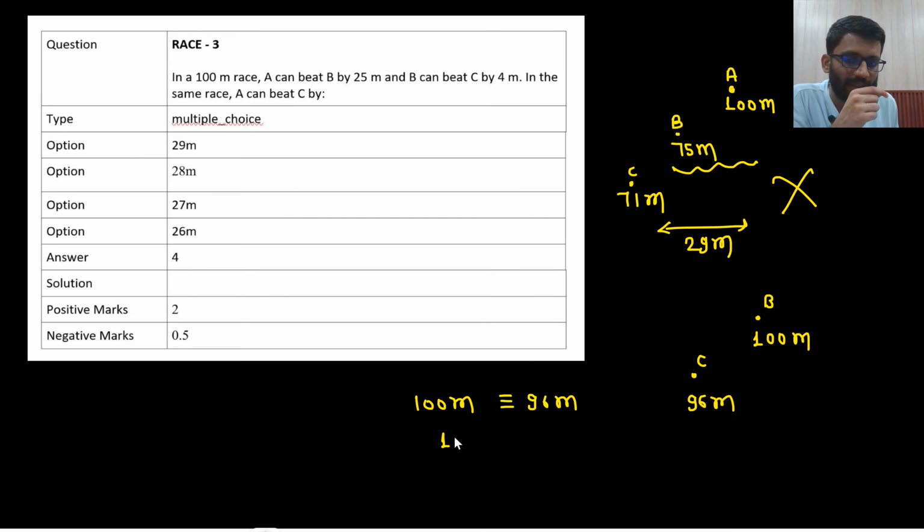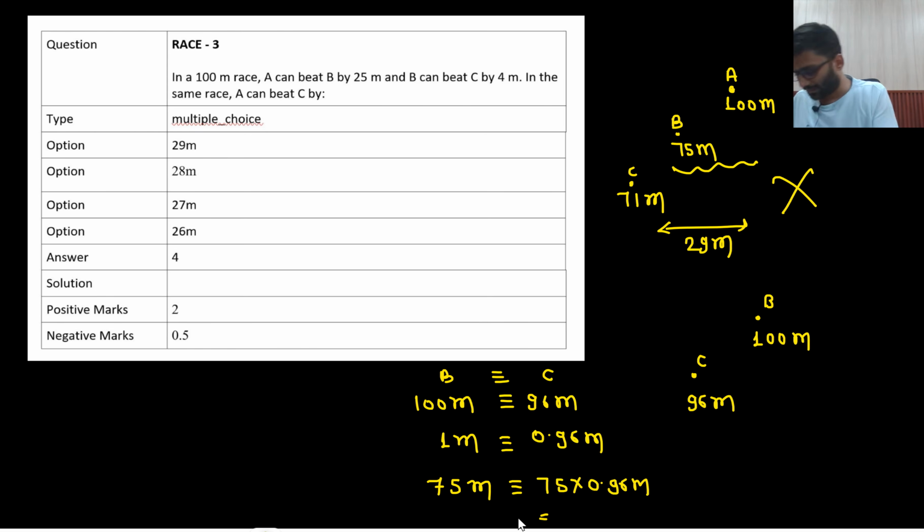That means if B is at 1 meter, C will be at 0.96 meter. And if B is at 75 meters, C will be at 75 into 0.96 meters. And what would that be? 75 into 0.96 meters, that would be 72 meters. So C would have been at 72 meters.